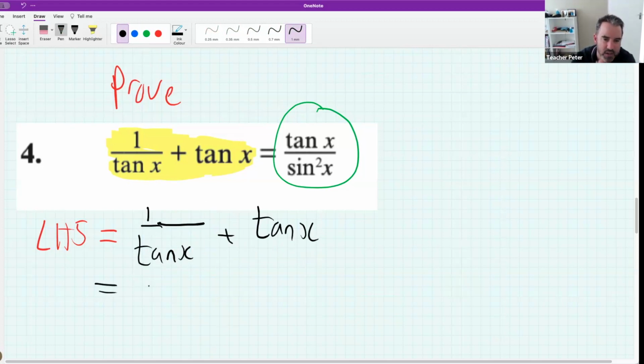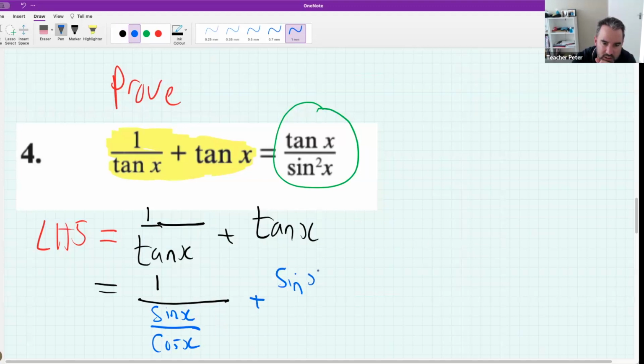Yeah. So, if I replace the tan x, I'm going to get 1 over sine x over cos x. And over here, I'm going to get sine x over cos x.